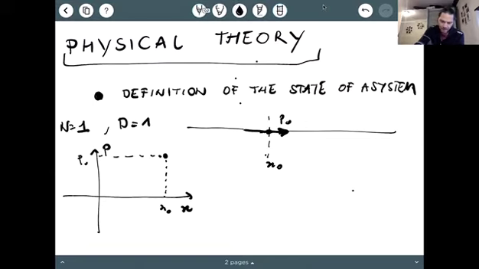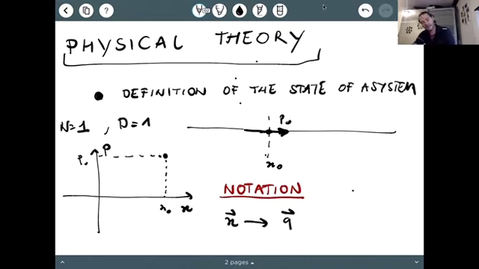Now, notation-wise, sometimes when you work with phase space, x, the position, is also denoted with q. You use the notation q for positions. These are actually something called generalized coordinates, but let's not be too general here.